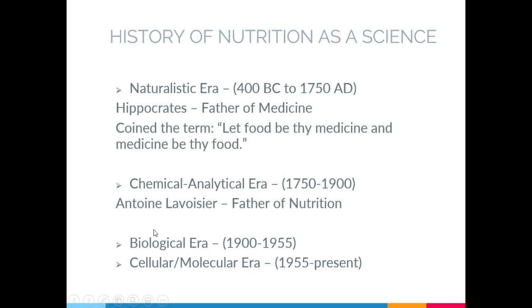The biological era, this is the next era, no? This ran from 1900s to 1955. This is when nutrients are discovered. Okay, this is when the individual nutrients are discovered.